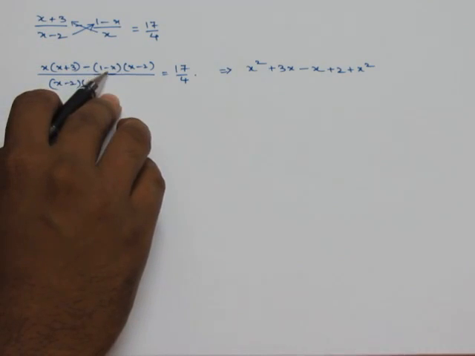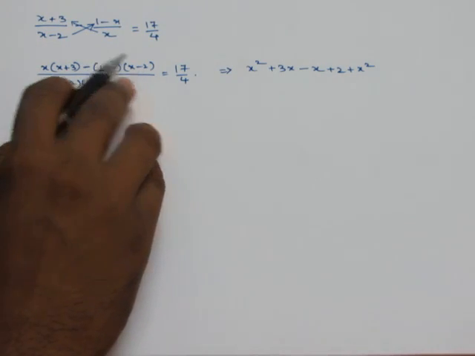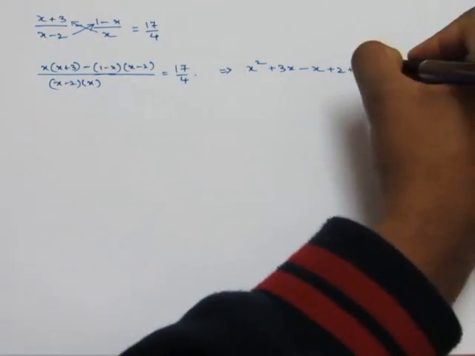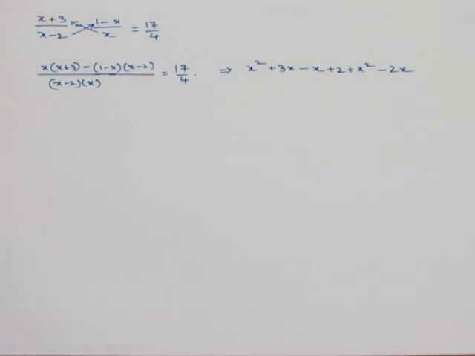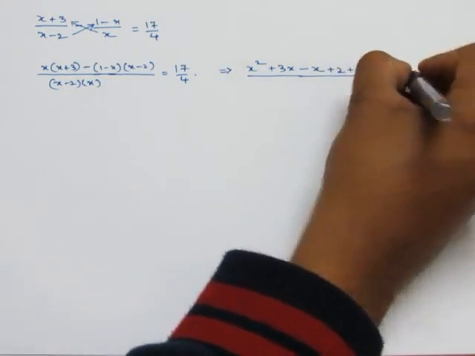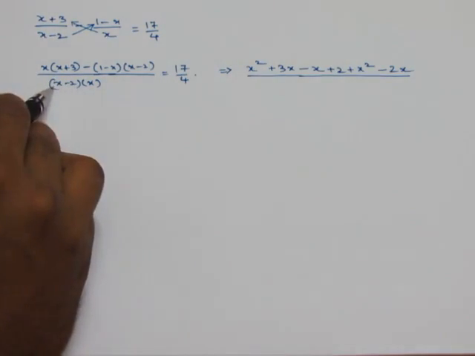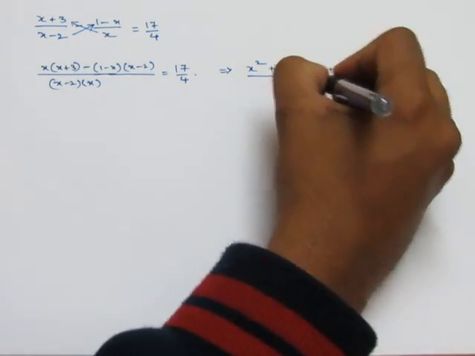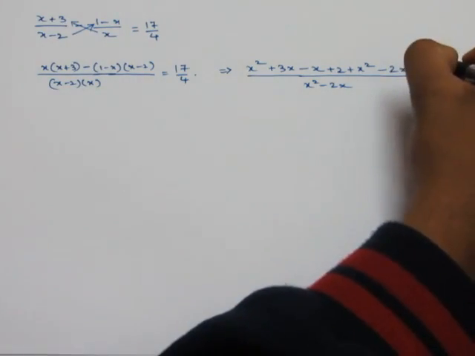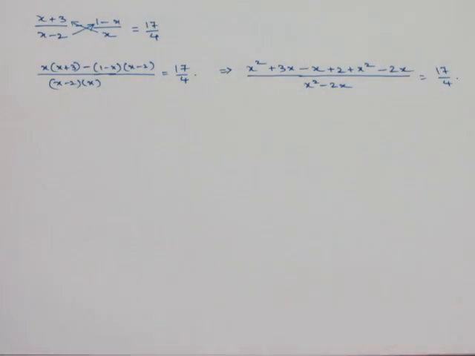And minus of minus x into minus 2: there are 3 minuses, 1, 2 and 3, so I get minus 2x because there are an odd number of negatives. Whole upon x into x is x square, minus x into 2 is 2x, so x square minus 2x, and in the RHS I had 17 by 4.